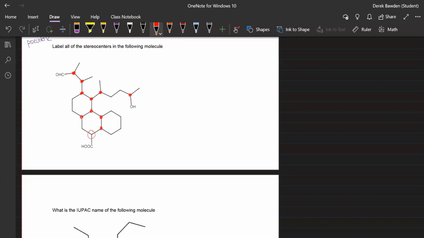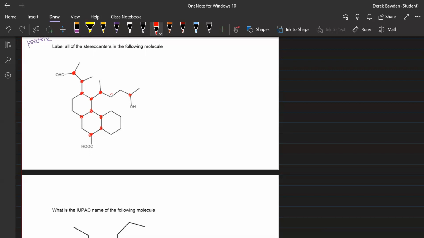And what do you guys think about this one? Let's talk about this. Is this a stereocenter? The one I circled? I feel like it is. I agree. It is. Perfect. So there's all our stereocenters.